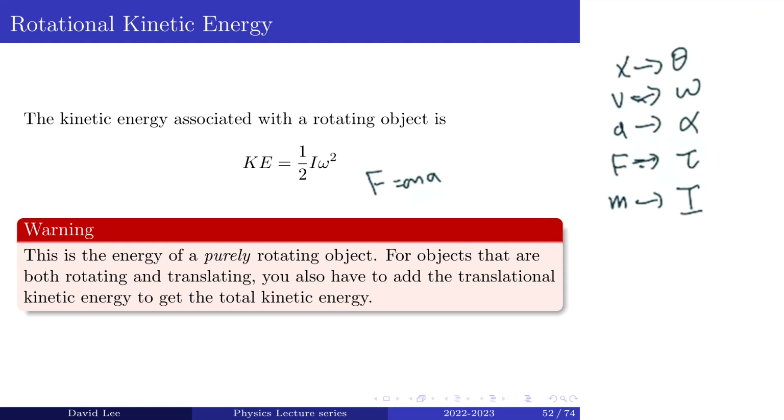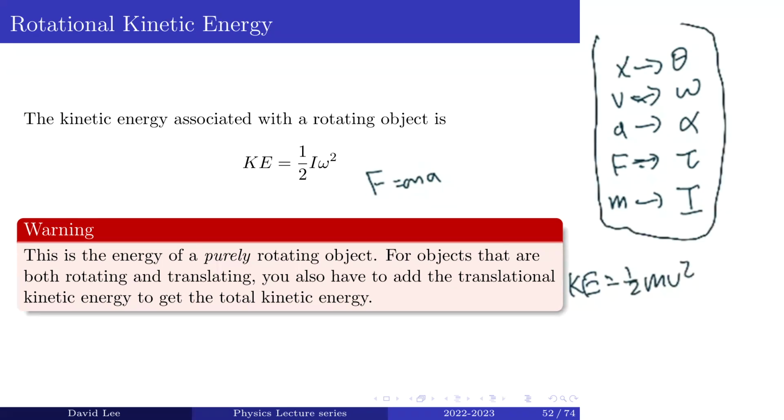Another interesting formula is kinetic energy. This is pretty easy to remember because kinetic energy of a moving object is 1/2 mv squared. And if you make these substitutions, well, m becomes I, v becomes omega, and you get the equation for rotational kinetic energy.